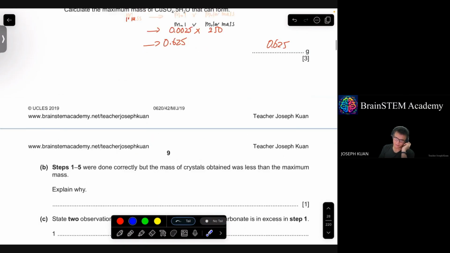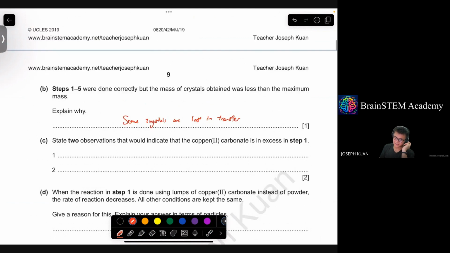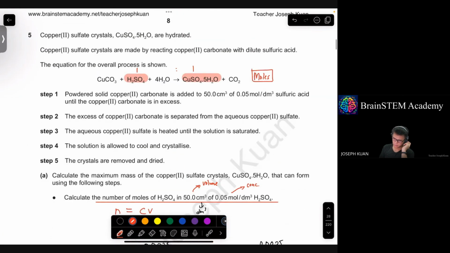So we can just mention that some crystals are lost in the transfer, because we're transferring so many things at once, like 5 steps of essentially moving things around. We may have overlooked and didn't pass everything to the next step.